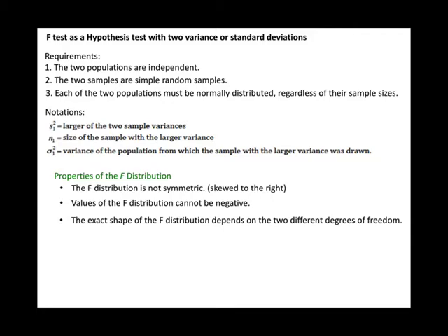And the exact shape of the F distribution depends on two different degrees of freedom. So look at this picture. This is your F distribution. First, skewed to the right means the right tail is longer. It cannot be negative because it starts from 0 and goes 1, 2, 3, 4 and so on. The shape depends on the two different degrees of freedom.